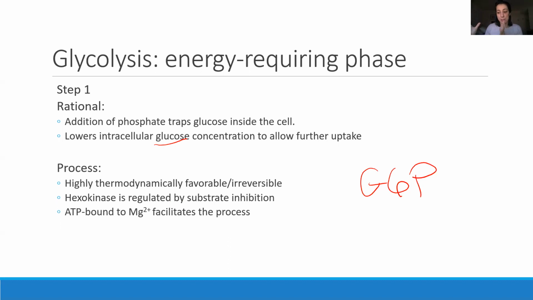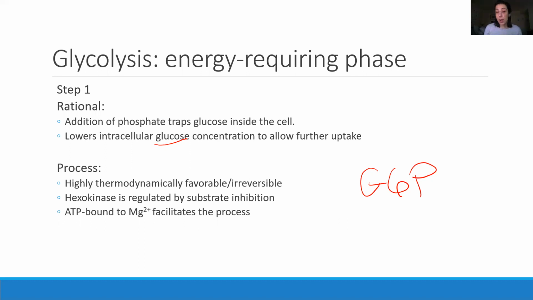As the glucose gets transformed in the cell, it looks like there is less glucose around. And so it starts importing more. And again, if we need energy, if we require that energy is being utilized, we need more glucose in the cell so that we can trap it and break it down. So that is the rationale behind this first step.